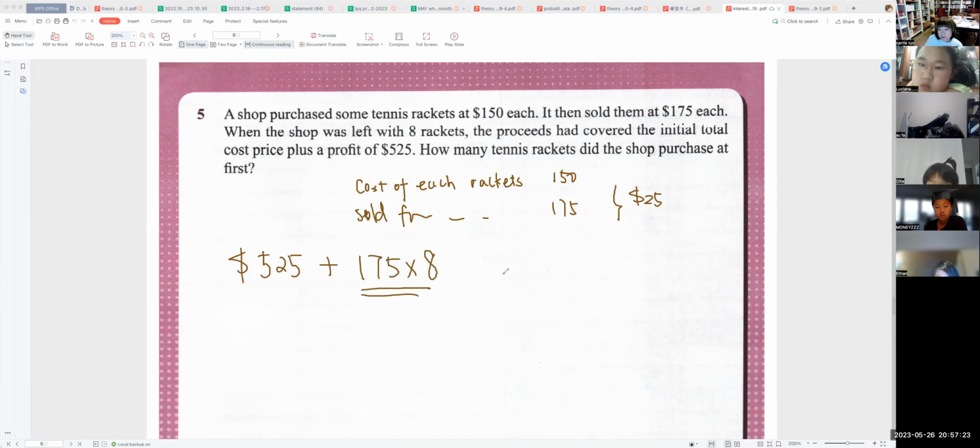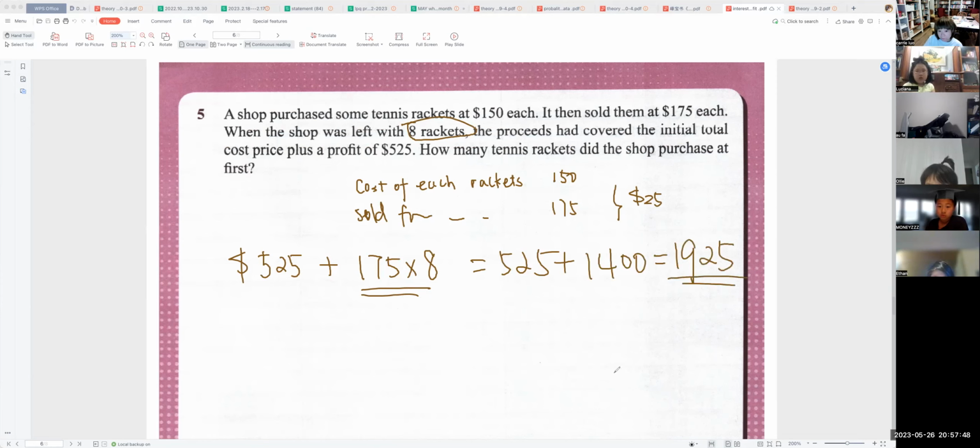Because that is a profit if you sell it full, this 8 left over. You're going to gain this much money. So 525 plus 175 times 8, which is 1400, equals 1925. Okay, so 1925 is the true cost.